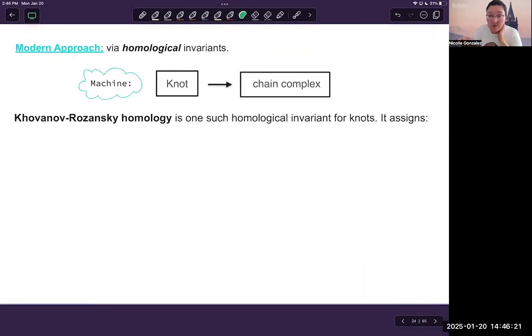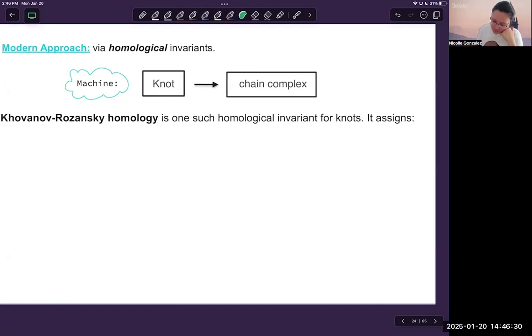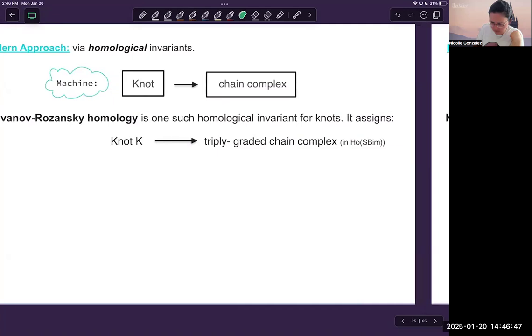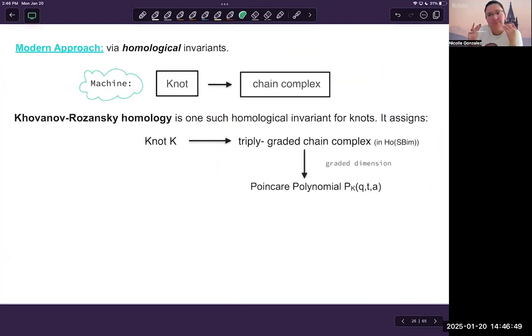The particular homology theory that we will be interested in today is known as Khovanov-Rozansky homology. What it does is it assigns to a knot a chain complex consisting of triply graded vector spaces. So again, you have these vector spaces, you have these maps between them, but each of the vector spaces admits 3 different gradings.